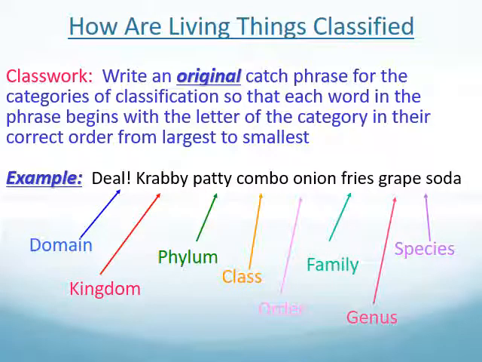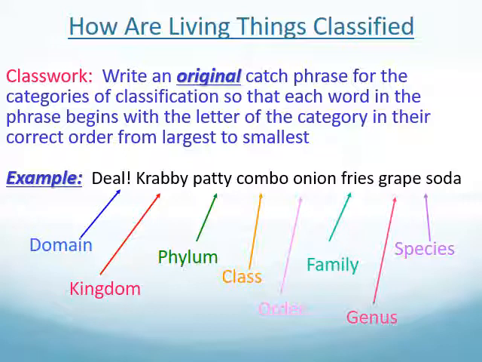All right, so I'm going to give you an example of how I remember the classification order. I want you to come up with your original catchphrase that might be better than mine. It won't be hard to be better than mine. You just take the first letter of each category, and then you try to come up with a way to remember it.